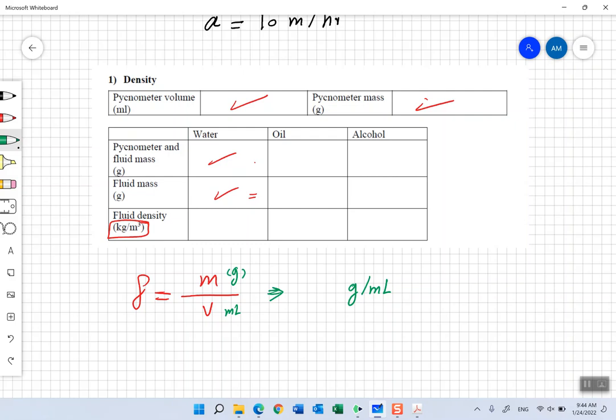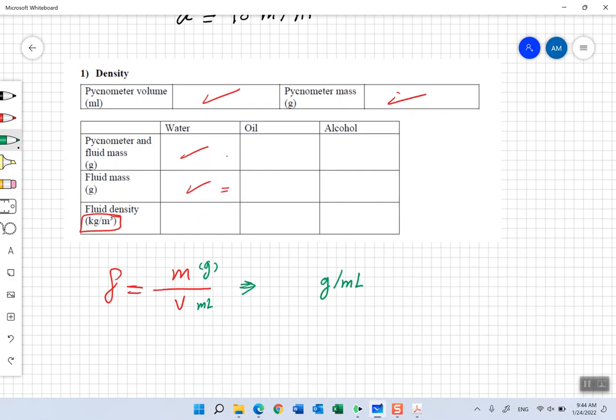To do that, let's first write down these two units here. We already know that kilogram has 1,000 gram in it, right?